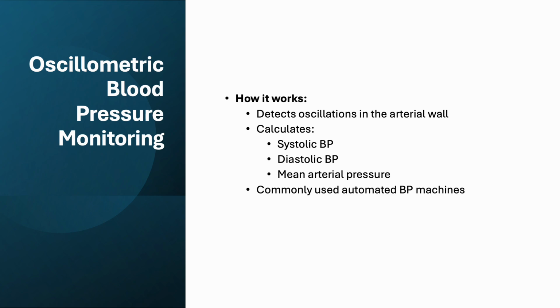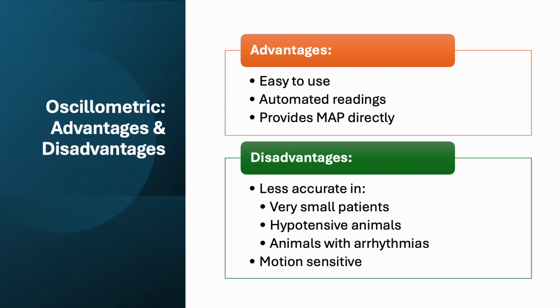It's commonly used in the automated blood pressure machines. It's easy to use. It does get automated readings and provides the mean arterial pressure. However, as patients are smaller or hypotensive or even moving a little bit, it can be less accurate.